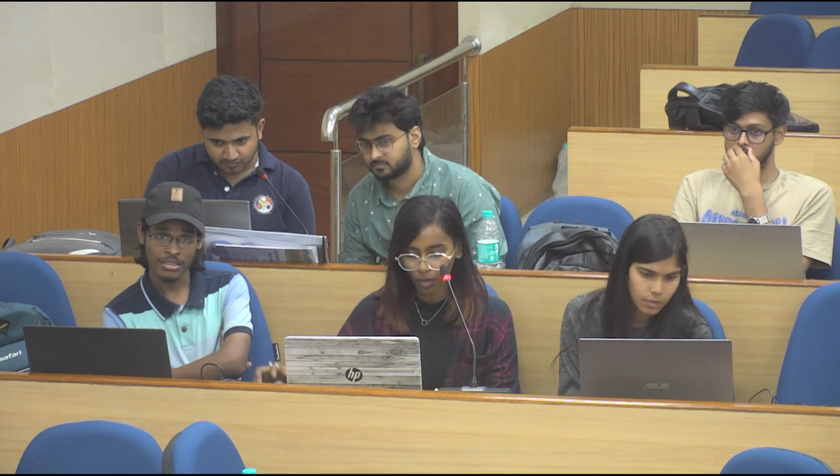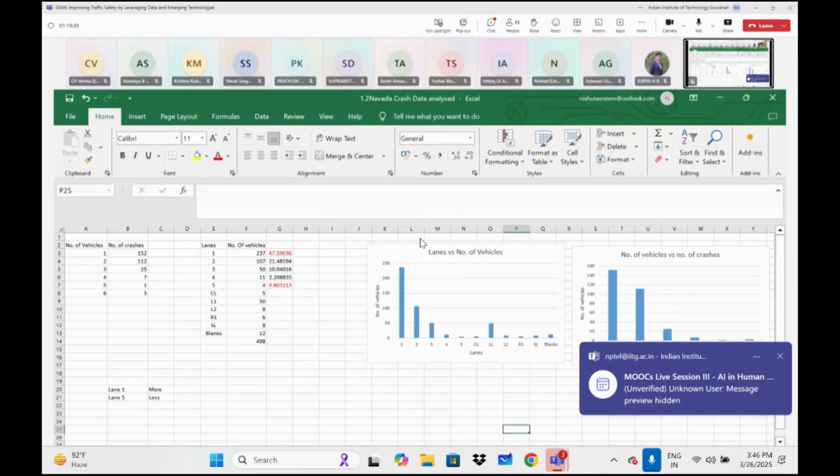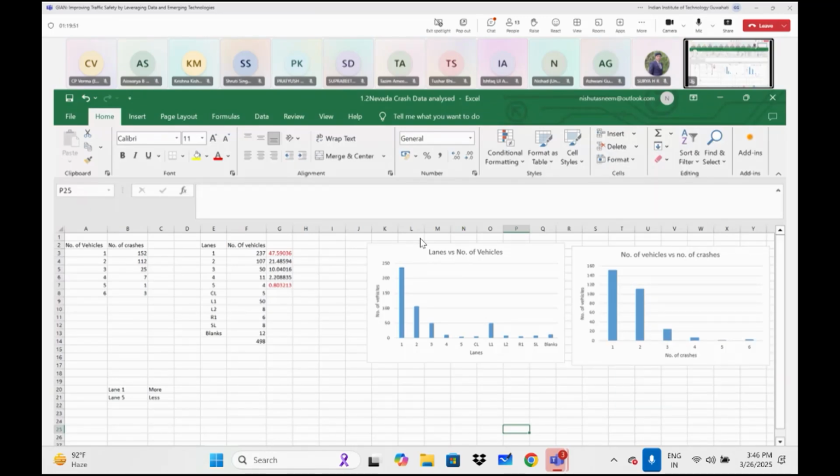Which tables did you use? From statewide, from both the sheets actually. But how did you link them? It was not evident to me how you combined the two. We didn't link, but we got the number of crashes involving the number of vehicles from statewide crash data, and from vehicle data we got the lane distribution.